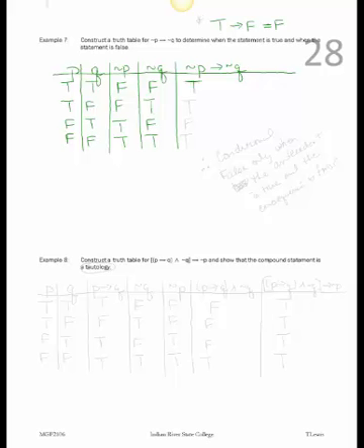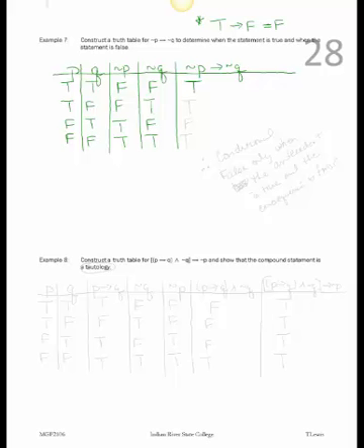This is what we need to know out of this conditional statement. False only when the antecedent is true and the consequence is false. Because the antecedent is false, the statement is true. How about F, T?